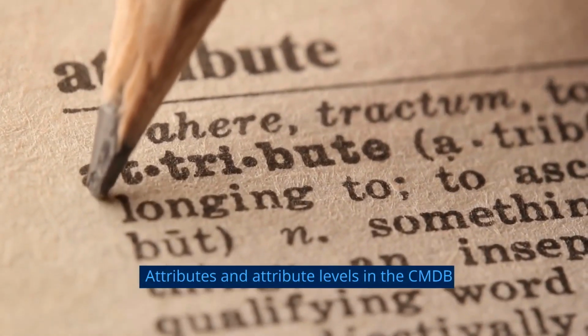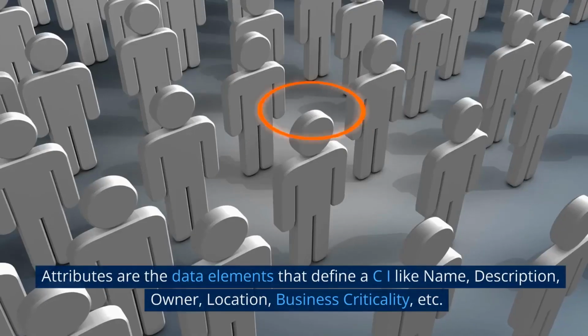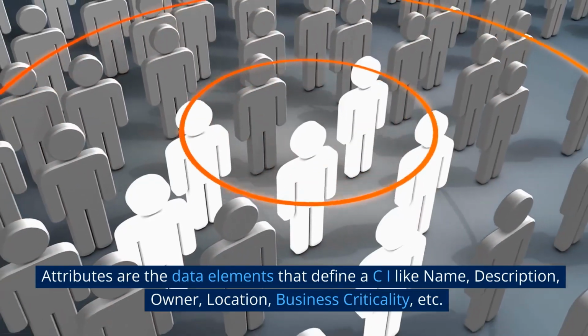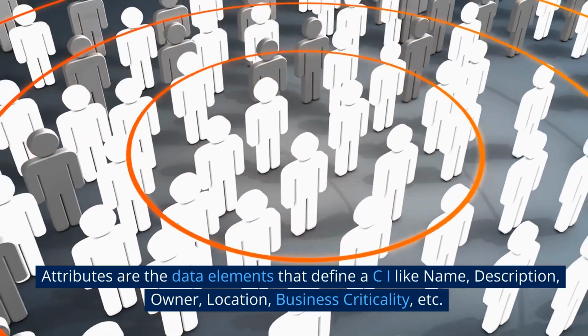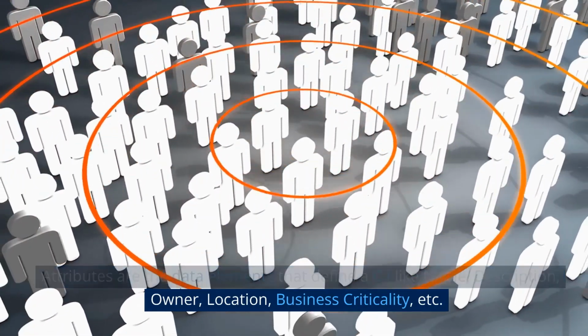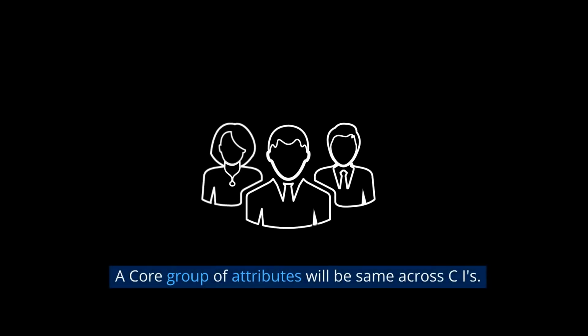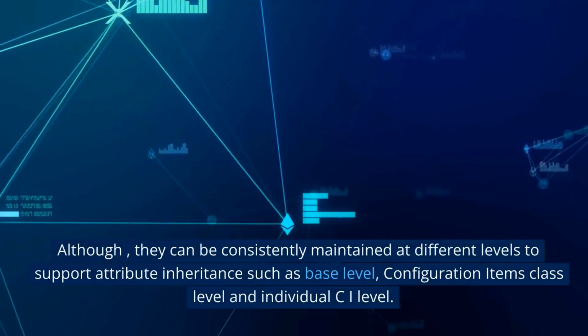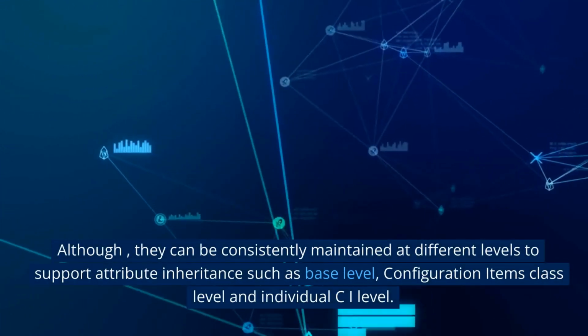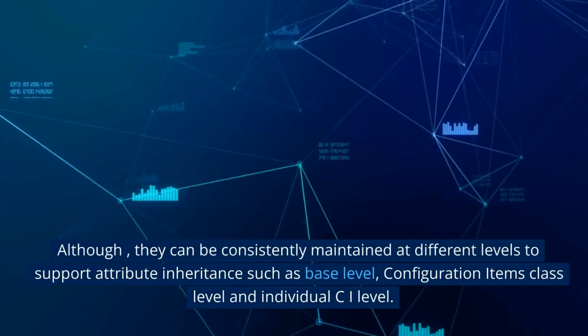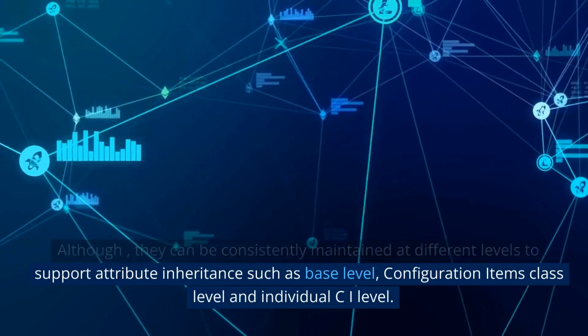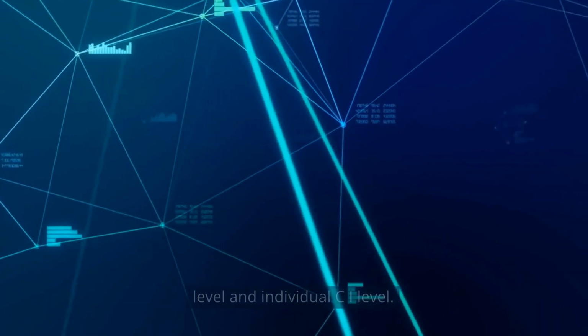Attributes and attribute levels in the CMDB. Attributes are the data elements that define a CI, like name, description, owner, location, business criticality, etc. A core group of attributes will be the same across CIs. Although, they can be consistently maintained at different levels to support attribute inheritance, such as base level, configuration items class level, and individual CI level.